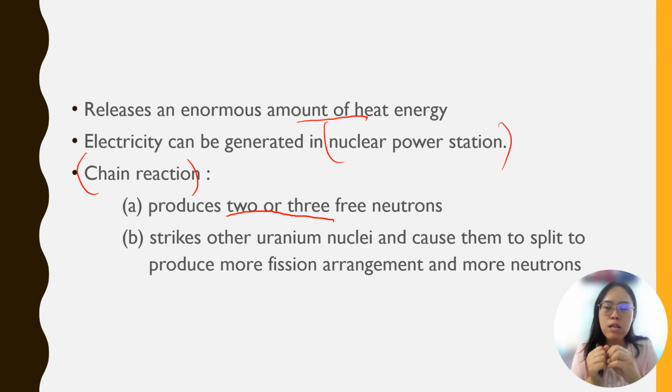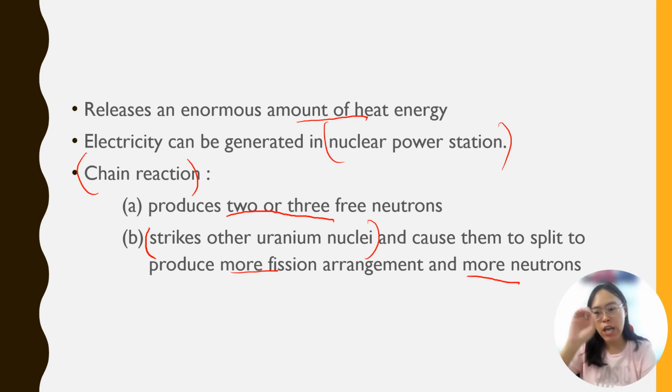The neutrons released during nuclear fission are used to strike other uranium nuclei and cause them to split, producing more fission reactions and more neutrons. So it is a continuous chain reaction. You use one neutron to bombard a heavier nucleus and it splits in half, releasing 3 new neutrons. These 3 new neutrons bombard other uranium nuclei, so the reaction keeps continuing, and this is what we call a chain reaction.